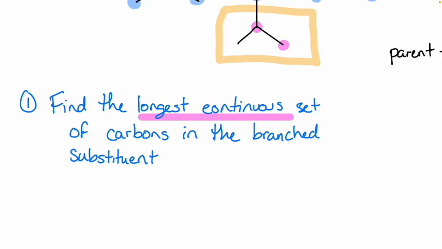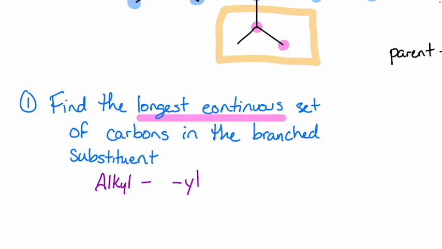We're going to still use those same prefixes that we used before: meth, eth, prop, but, okay? But instead of having that ane ending like we do for the parent chain, we're going to keep the yl ending, all right? So for our alkyl substituents, we keep that yl ending on that longest continuous set of carbons.